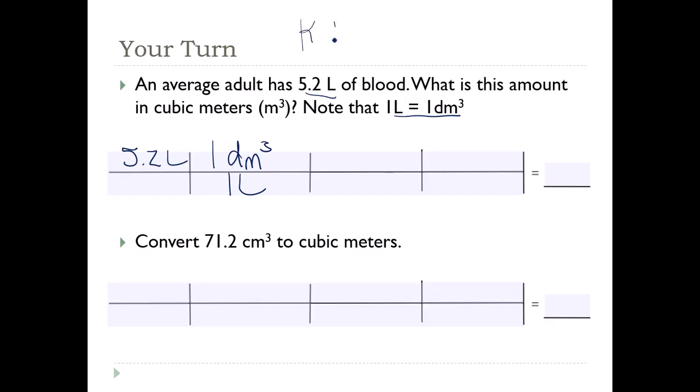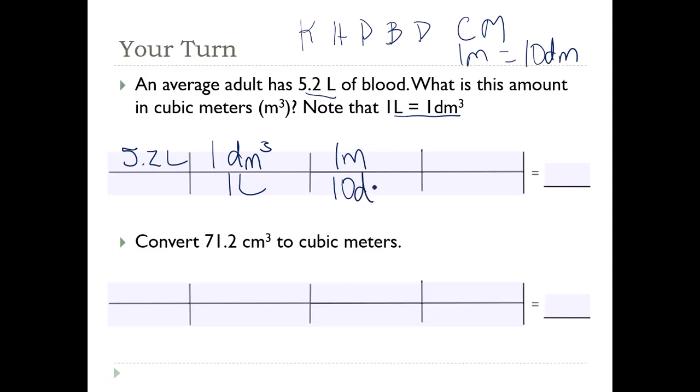So King Henry died by drinking chocolate milk: kilo, hecto, deca, base, deci, centi, milli. So there are 10 decimeters. So 1 meter is equal to 10 decimeters. So you can use that as a conversion factor. So 1 meter, 10 decimeters.